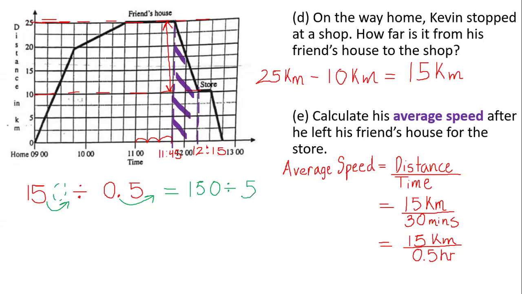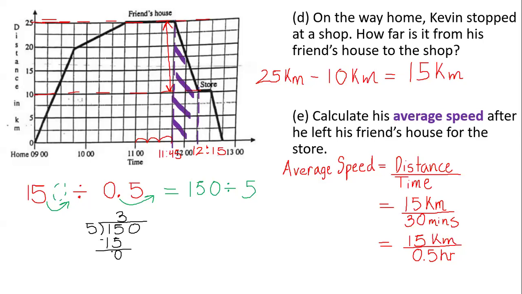Now when we divide them, 5 into 150. 5 into 15 is 3. 5 times 3 is 15. 150 minus 150 is 0.